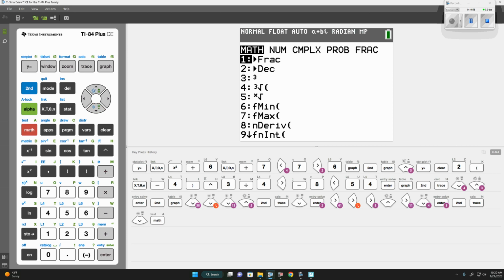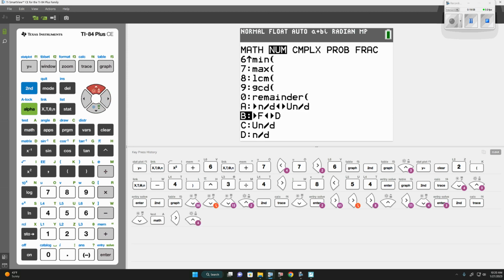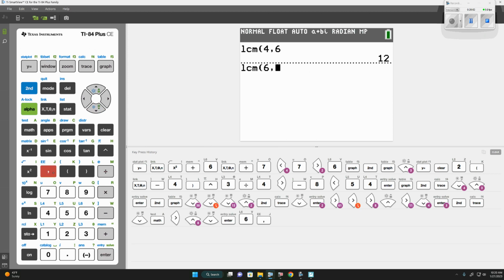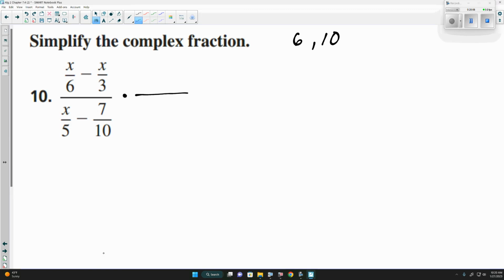So the least common multiple of 6, comma, 10 is 30. So what are we going to multiply top and bottom by? 30 over 30.